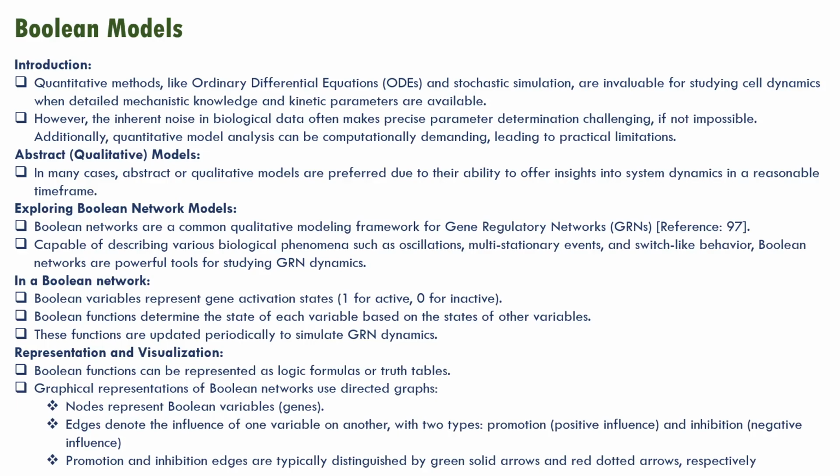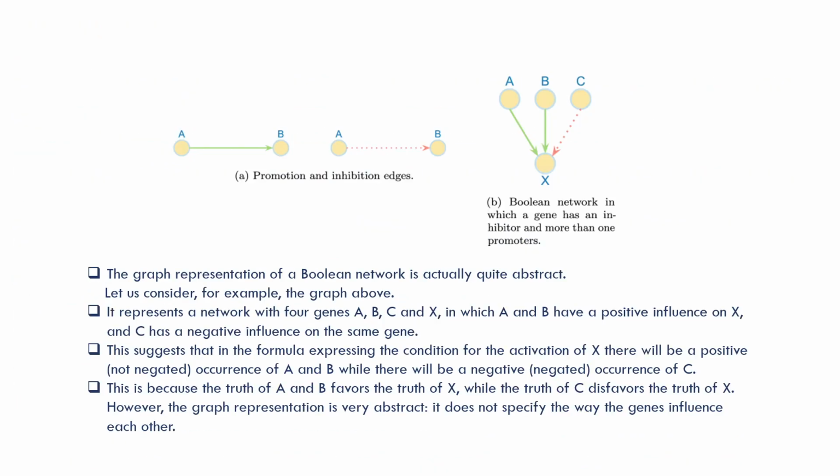One is promotion, which is positive influence, or activation, and the other is inhibition, which is negative influence. So one gene can activate another gene, or inhibit another gene. Promotion and inhibition edges are typically distinguished using different arrows. This is basically a Boolean representation of a network.